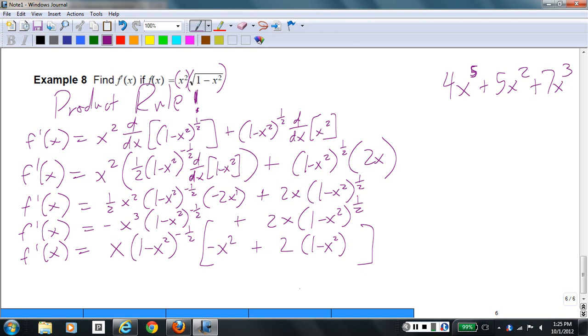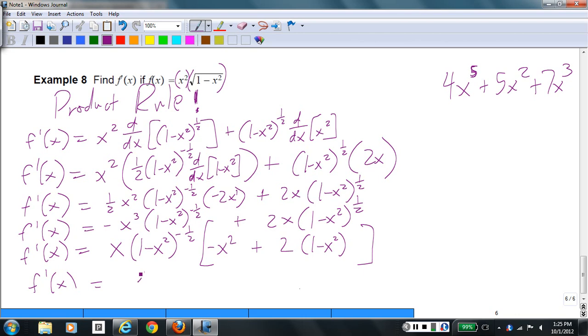And then simplify what's inside the parentheses. By our choice of the exponents, because we went with the lesser of the two exponents on the x's and the lesser of the two exponents on the 1 minus x squareds, we get a nice polynomial on the inside. So we can simplify that. F prime of x equals, oh, wow, let's see. The x is on the outside.